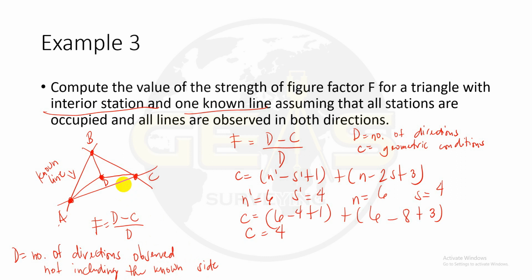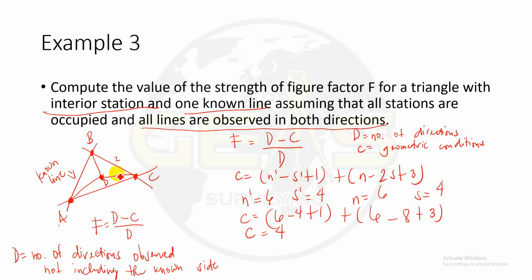directions observed. And in our example number 3, it says here all lines are observed in both directions. So one line has 2 directions. Okay, so forward and back.